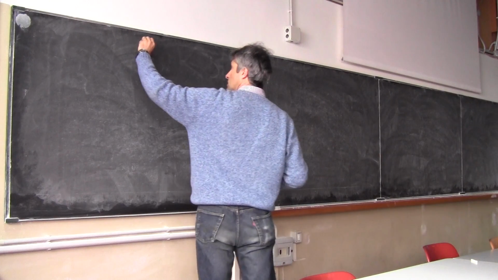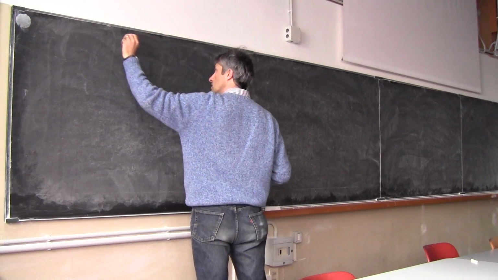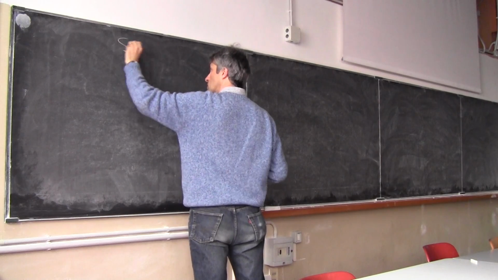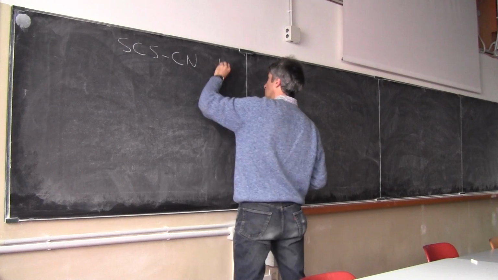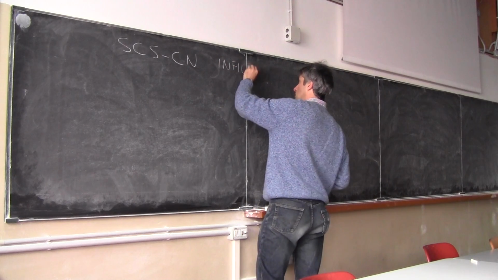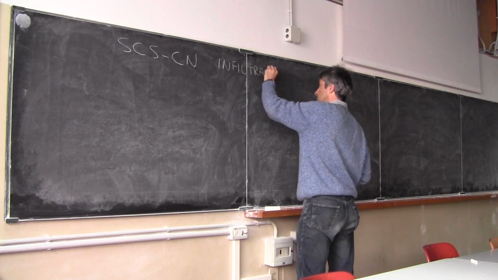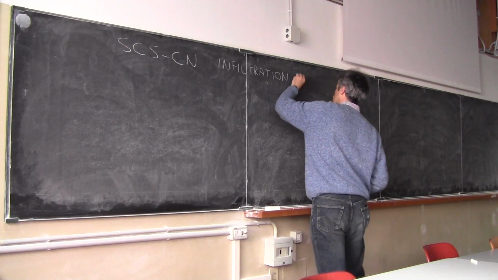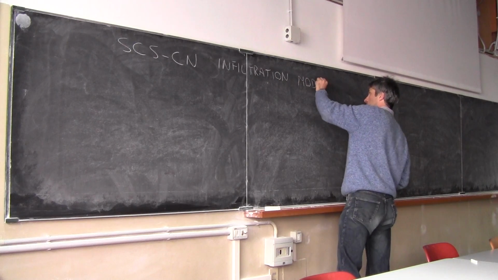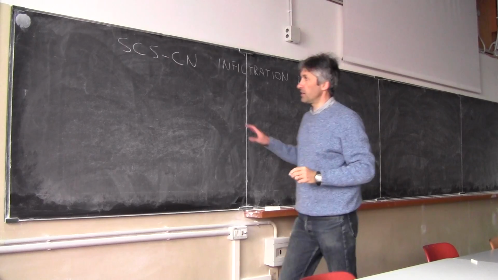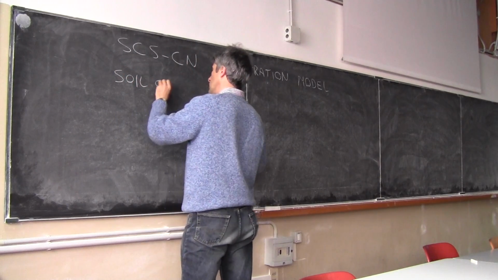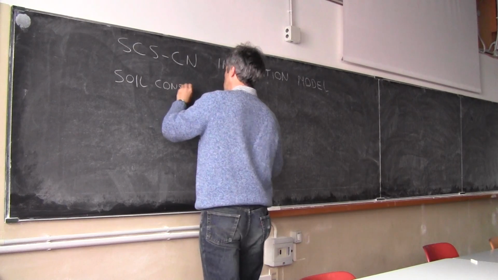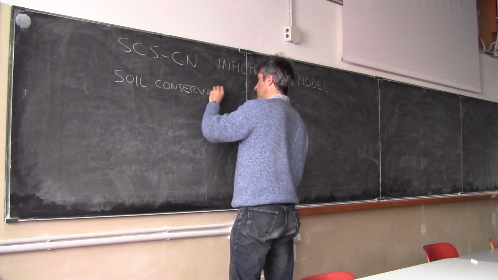And the model is called the SCS-CN infiltration model. This is the acronym. SCS stands for Soil Conservation Service.